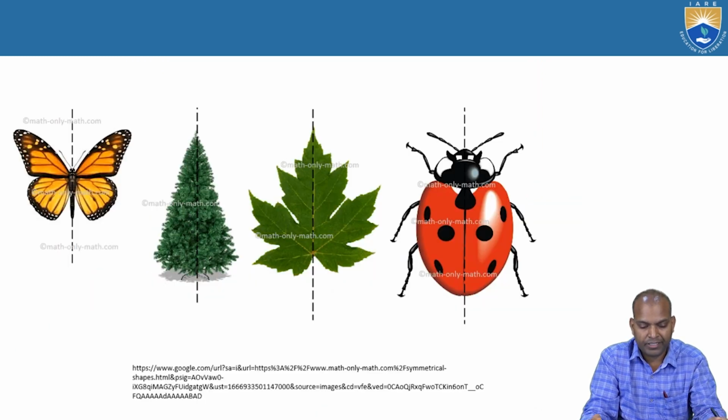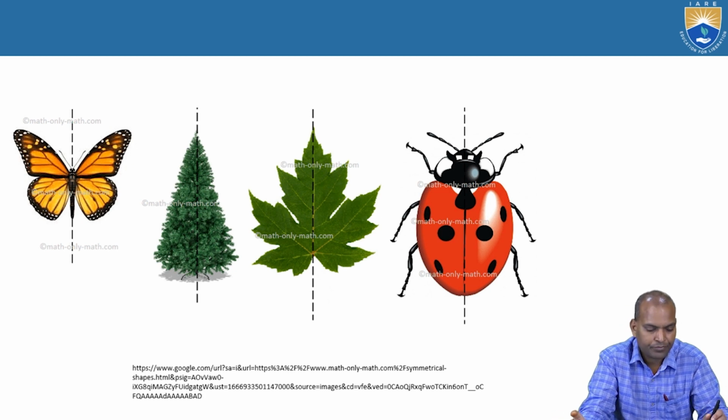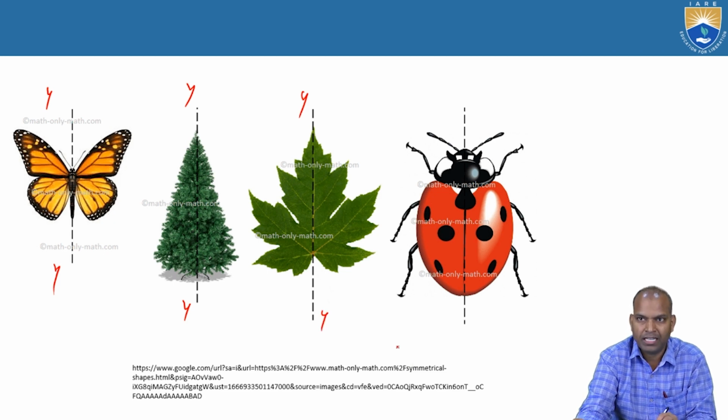Now, coming to different cross sections in nature, if you carefully observe, they are available. In this figure, the butterfly is symmetrical about the vertical axis. The leaf is symmetrical about the vertical axis.